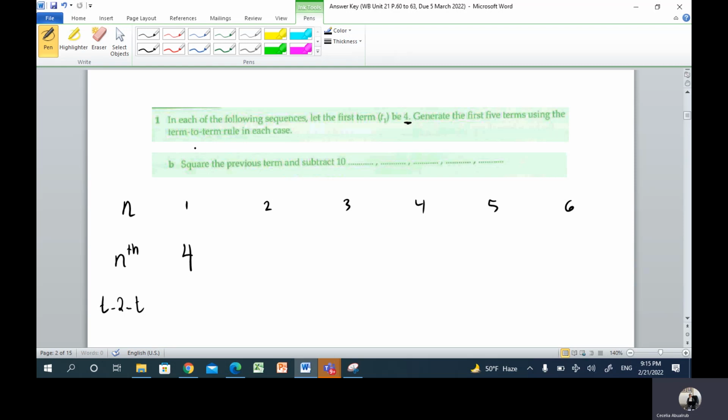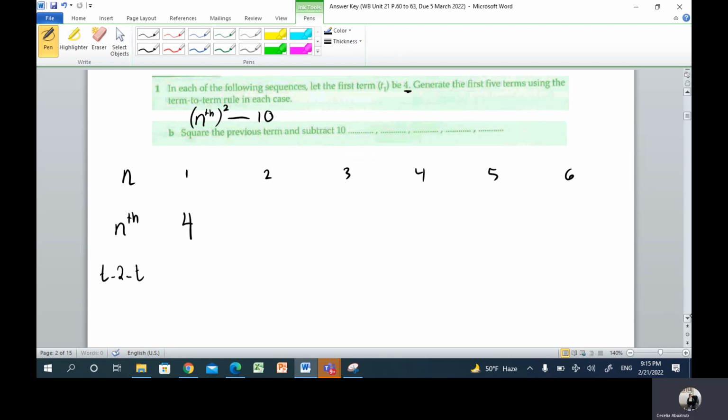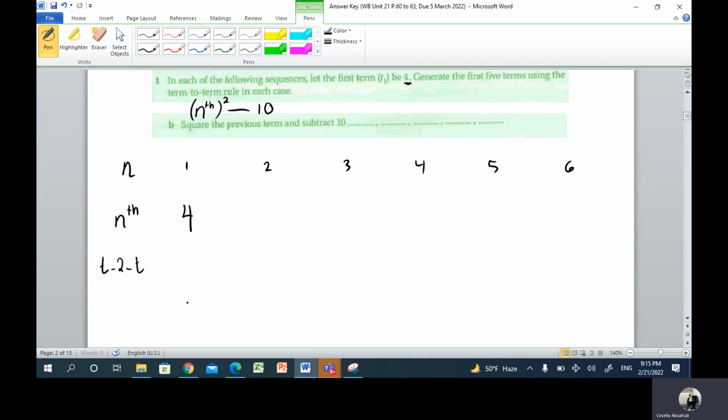Square means the nth number to the power of 2, and subtract 10. So we say 4 squared minus 10, which is 16 minus 10, the answer is 6.